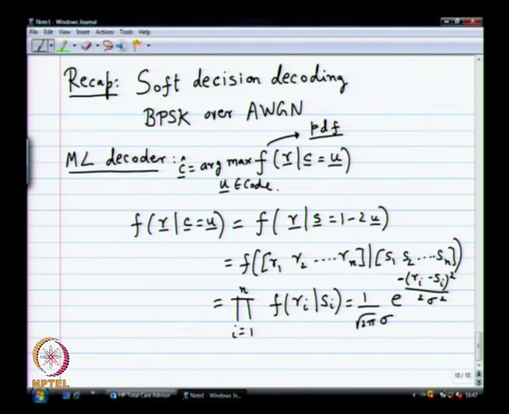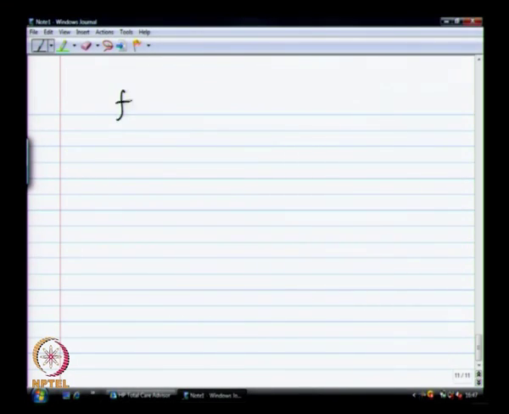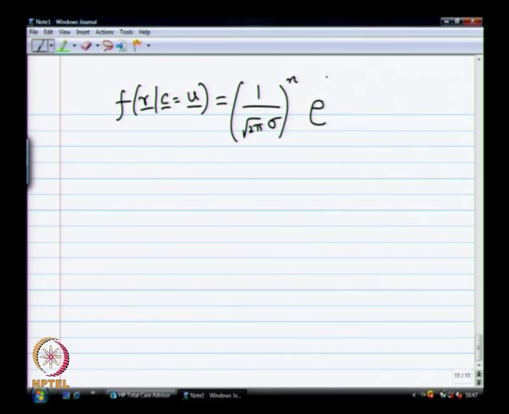So now if I do the multiplication, remember what I am computing: f of r given c equals u. This is the product I wrote down. When I multiply it out, I get 1 over root 2 pi sigma occurring n times, and then e power minus 1 by 2 sigma squared times the sum from i equals 1 to n of (Ri minus Si) squared.